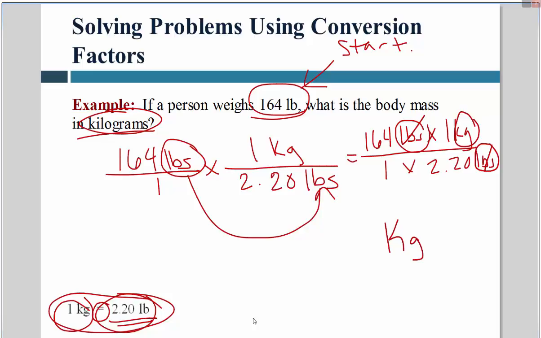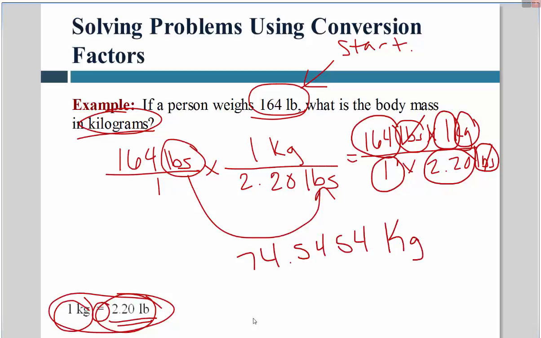Now let's look at the numbers. We have 164 times 1 divided by 1 divided by 2.20. That comes out to be, if you put that in the calculator, 74.5454. So that's how you do an actual conversion and you set it up.